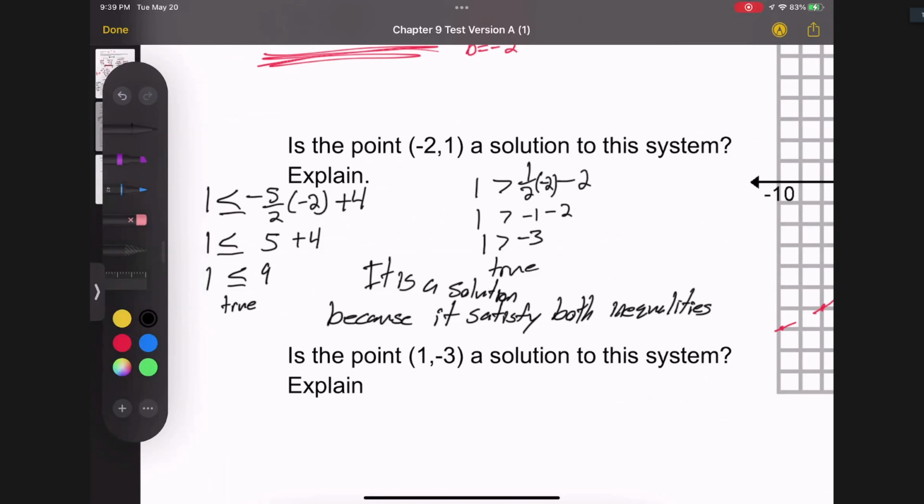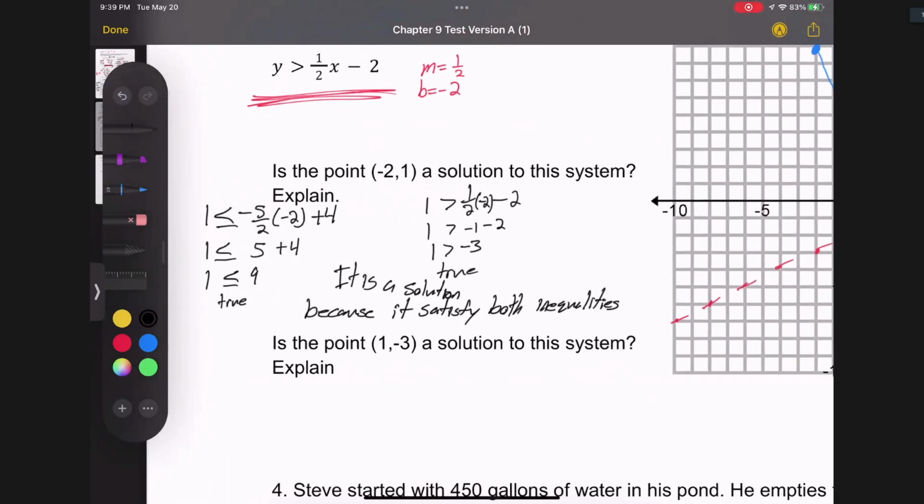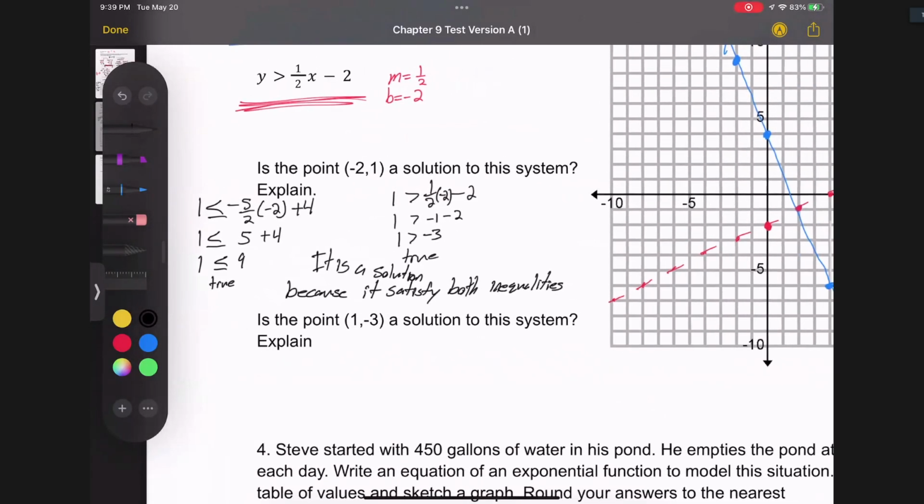There you go. It satisfies both inequalities. This is one explanation. There is a simpler explanation, but I don't want to give the actual solution out. But I'm just going to say that this is one possibility of actually saying that it is a solution.